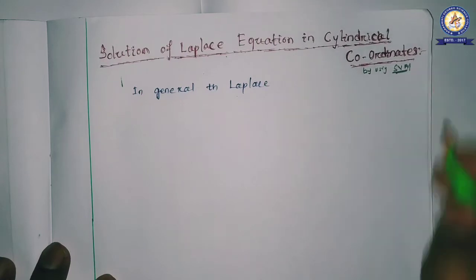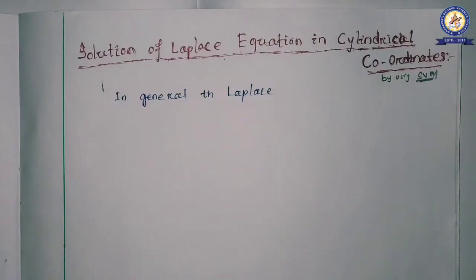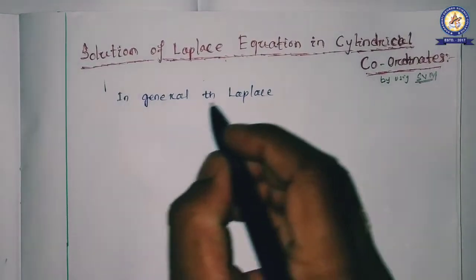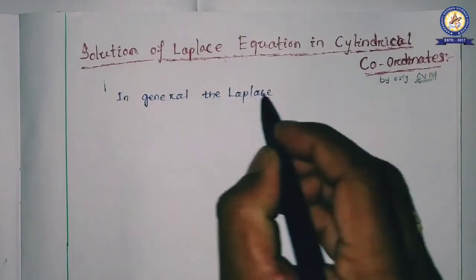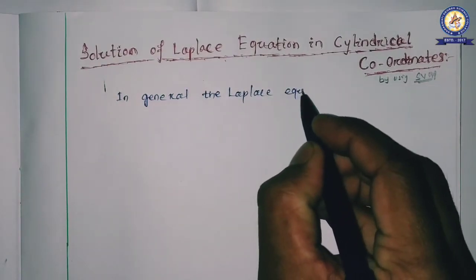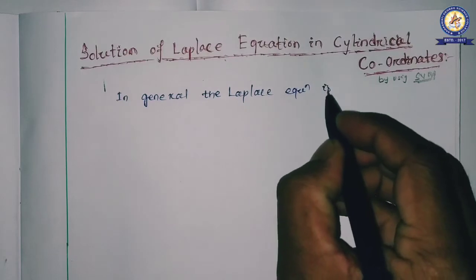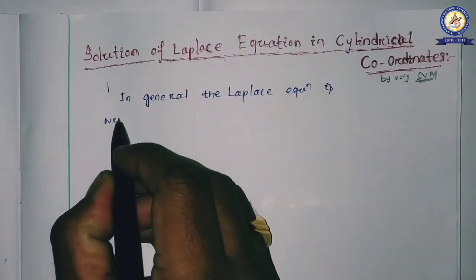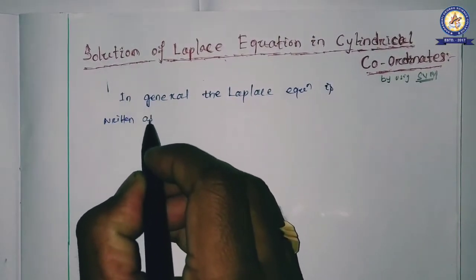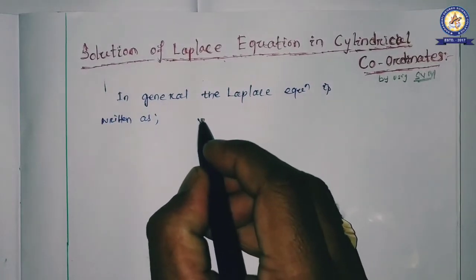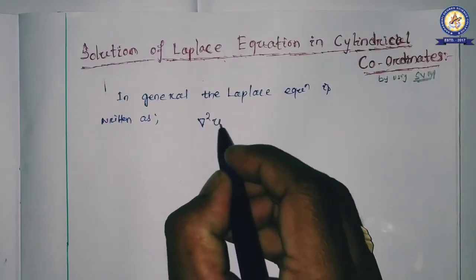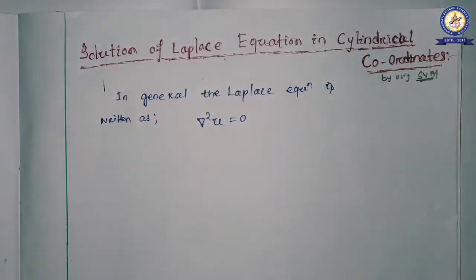Okay, so let's start. In general, the Laplace equation is written as del square u equal to 0, right?